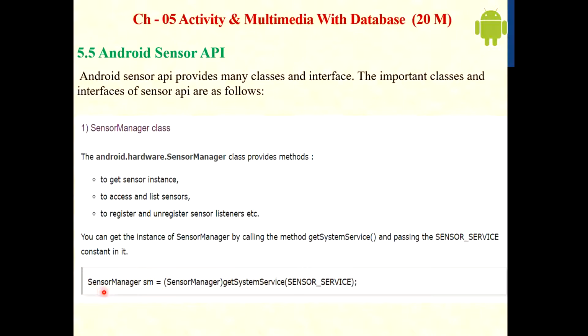Here is one syntax: SensorManager sm is the object, or instance, of the SensorManager. Then SensorManager.getSystemService is the method, and in that method we pass the SENSOR_SERVICE constant. So this is the first class regarding the sensor API.